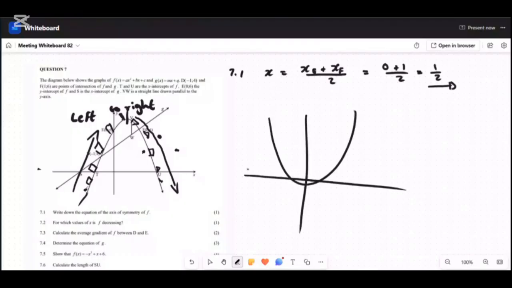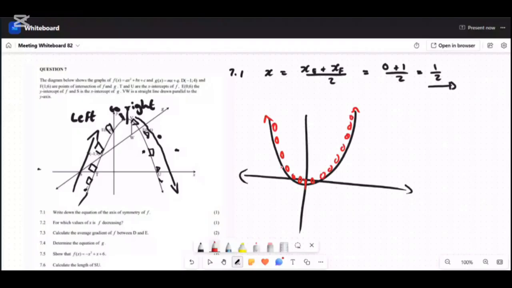Your graph now is drawn like this. Again, you read the graph from left to right. You're going to put your box here, then your box is going downwards. It is going to move downwards up to the turning point. Then from the turning point, your box now is moving upwards, right?